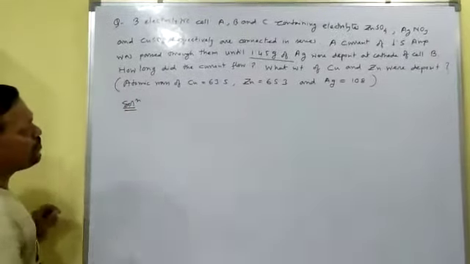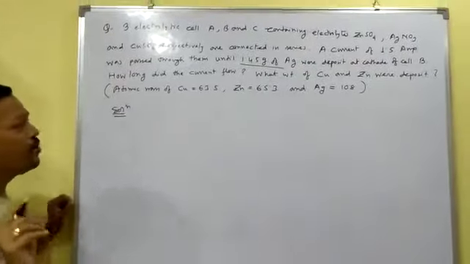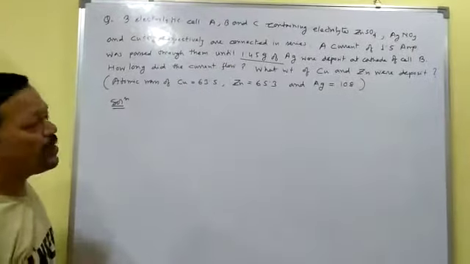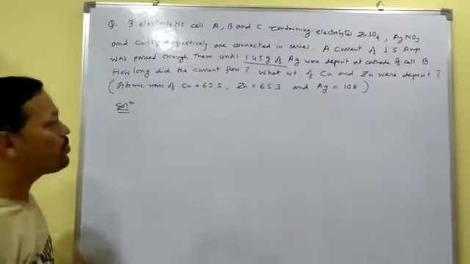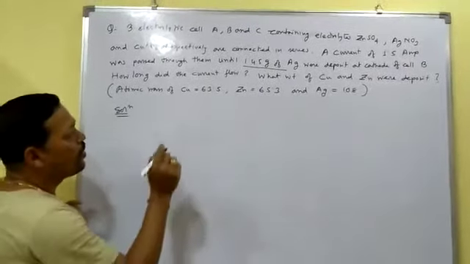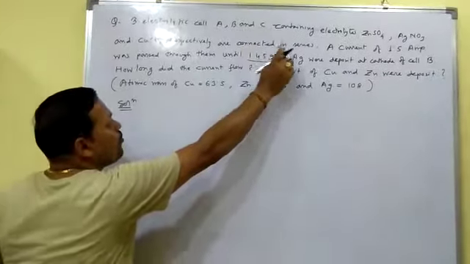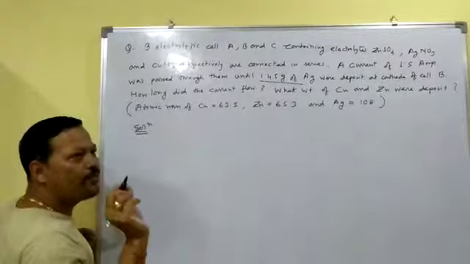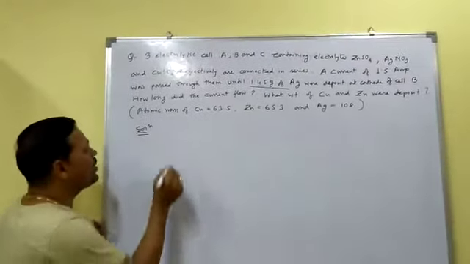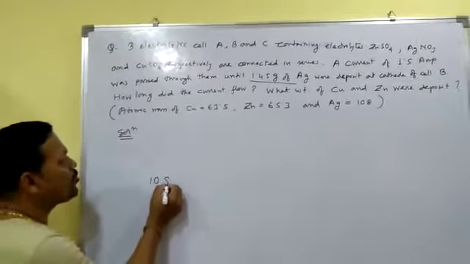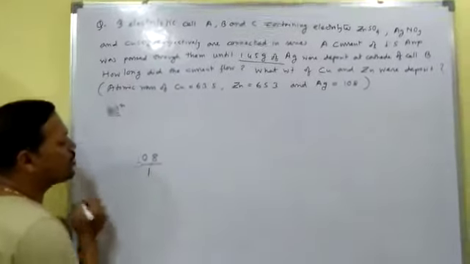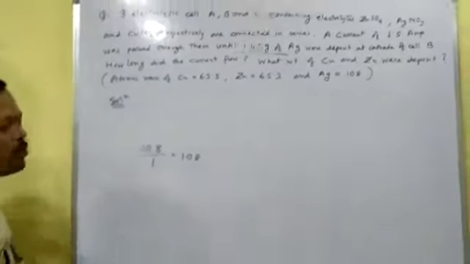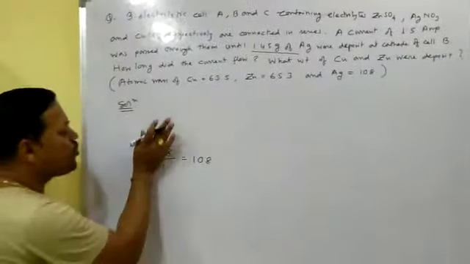So how to do this question? First we will find out how much electricity we have passed. Here only current is given, 1.5 ampere, electricity is not given, so we will find out the amount of charge. How much silver is deposited at the cathode? 1.45 gram. We know the equivalent mass of silver is 108 gram because the atomic mass of silver is 108 and the valency of silver is 1. I mean the equivalent mass and atomic mass are both the same for silver since it is monovalent.